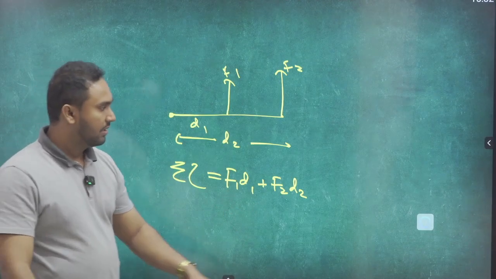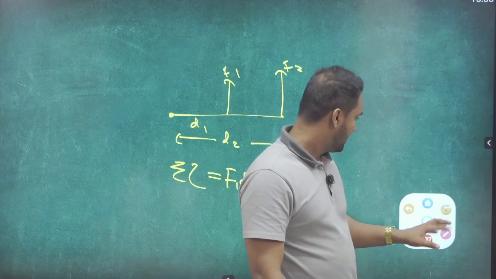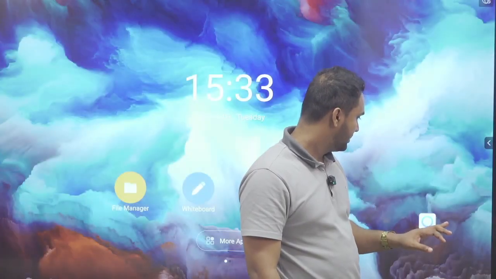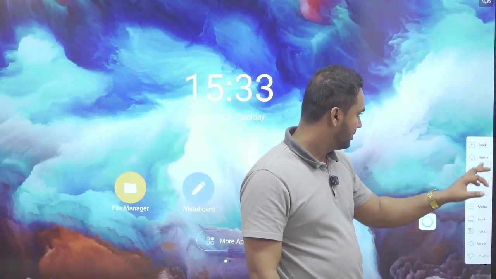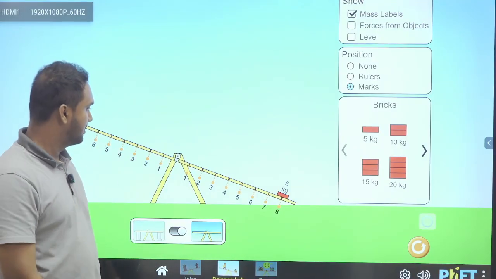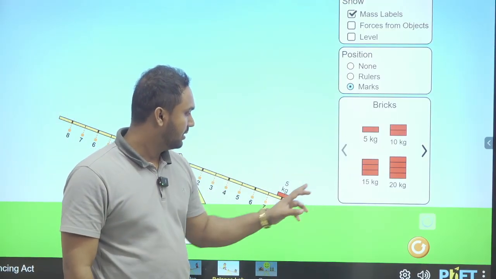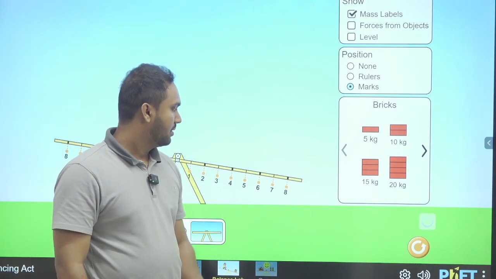Simple. If you take the simulation, it will show the same. Okay, the source is on, right? So now I'm going to put one weight.